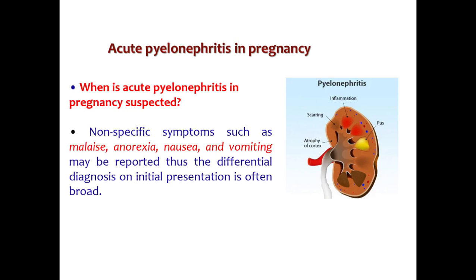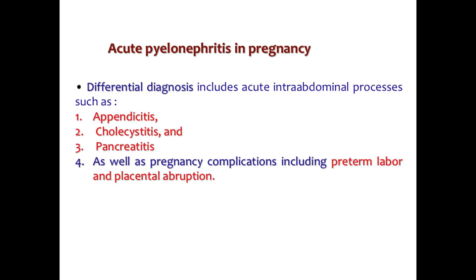In some cases of pyelonephritis, we find some non-specific symptoms which are common in any febrile or infectious condition in the body, like malaise, nausea, anorexia, and vomiting. Thus, differentiation between acute pyelonephritis and other diagnoses must be done before starting treatment.